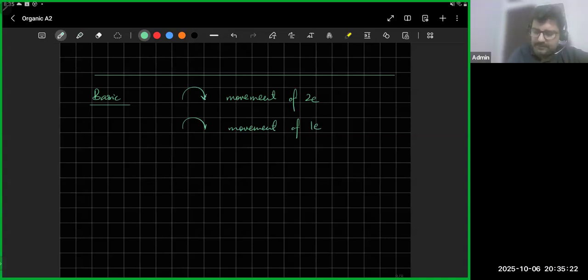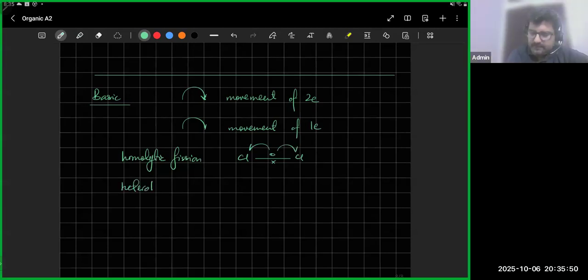Then you have homolytic fission. In that case, the bond breaks equally. One electron goes over here, one electron goes on this side. So that's homolytic bond fission.